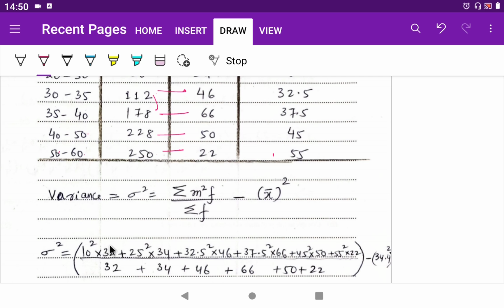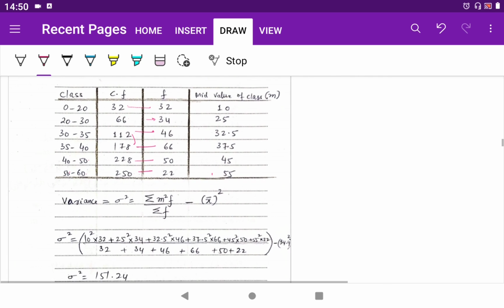So 10 whole square multiplied by 32, plus 25 whole square multiplied by 34, plus 32.5 whole square multiplied by 46, plus 37.5 whole square multiplied by 66, plus 45 whole square multiplied by 50, plus 55 whole square multiplied by 22, divided by the frequency summation.